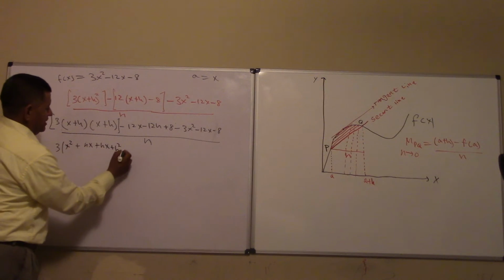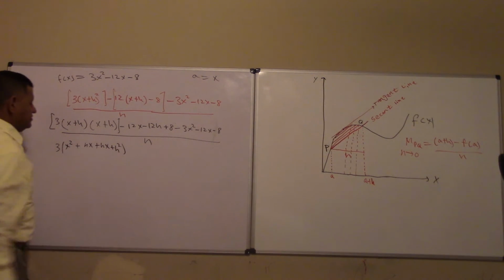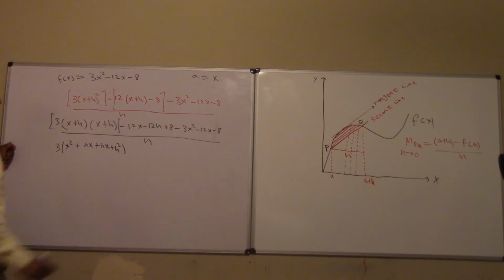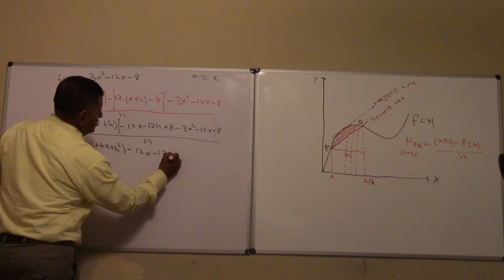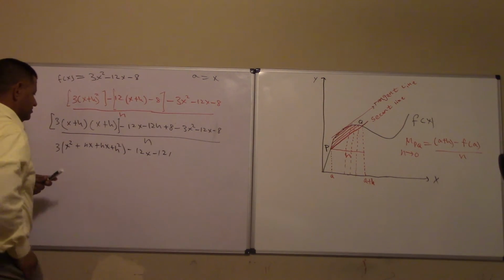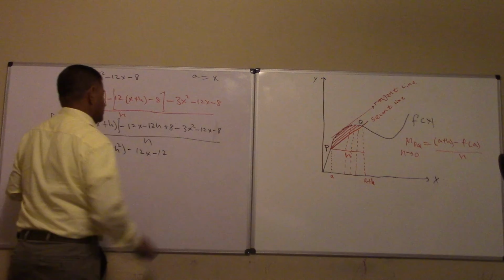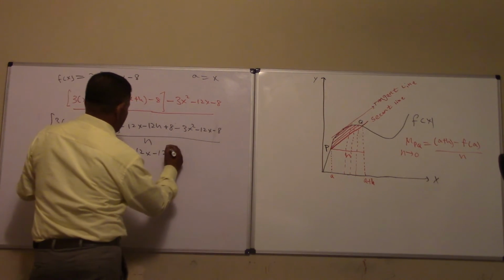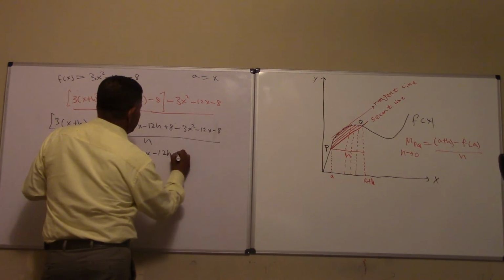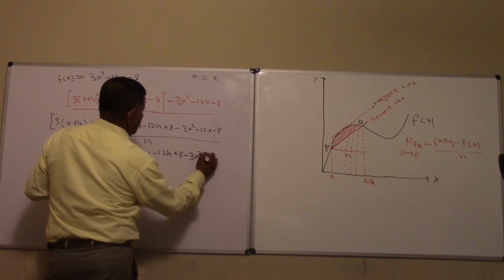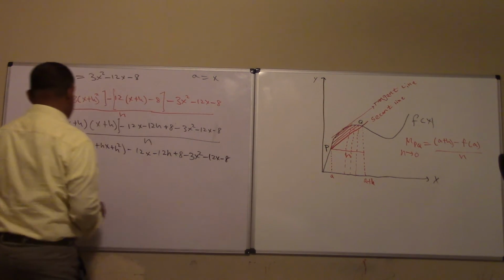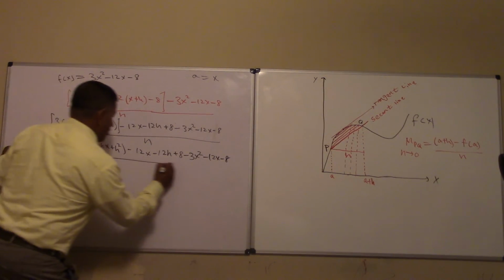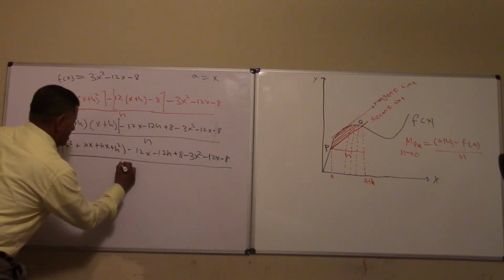Then I have 12x minus 12h, plus 8, plus, minus 3x squared minus 12x minus 8, everything over h.